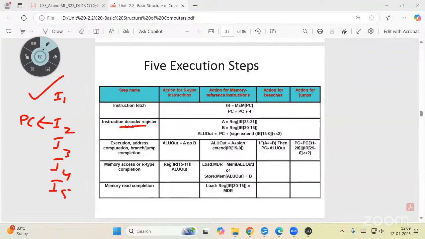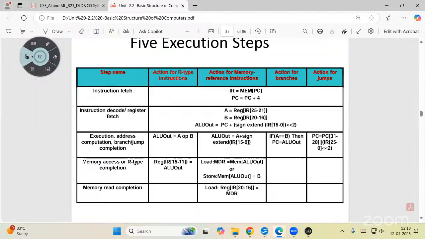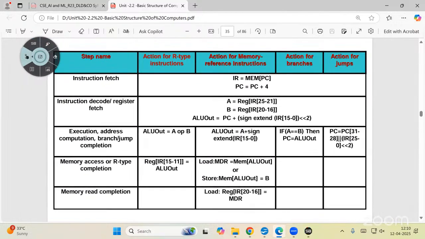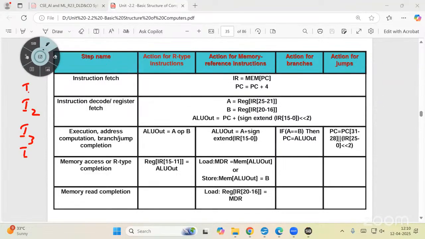That is the decoding operation. First fetch, then decode, which means separating the operation and the operands. That is called decode.